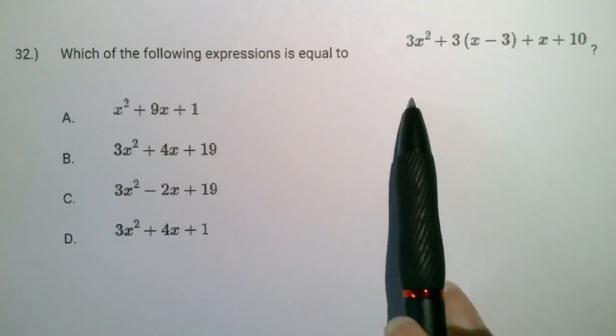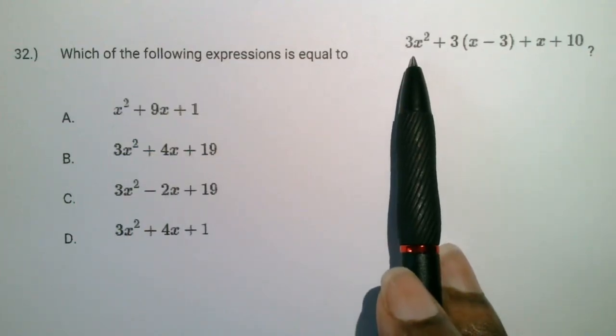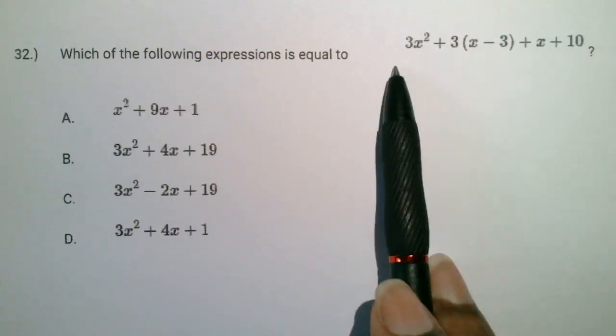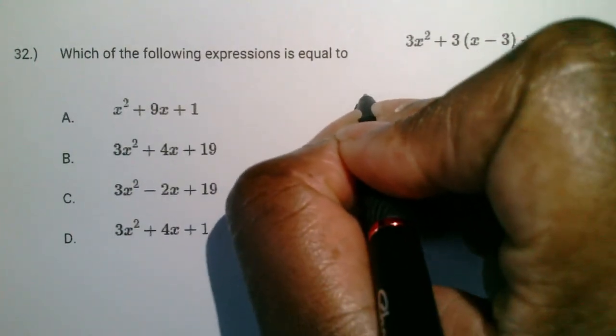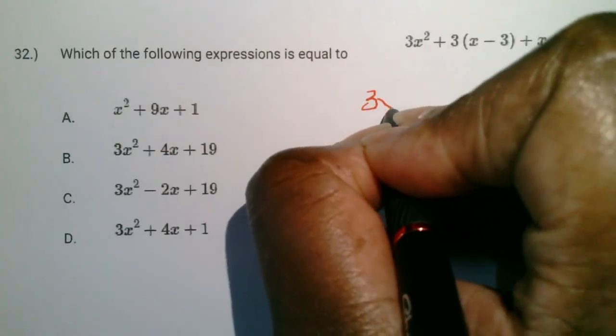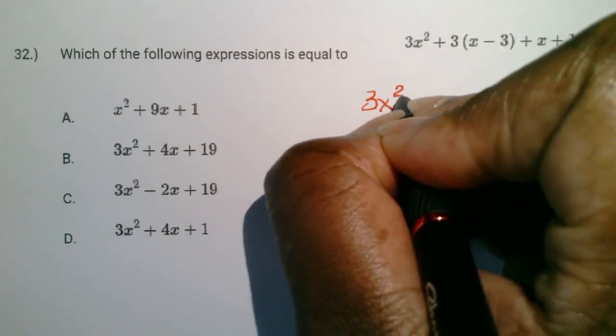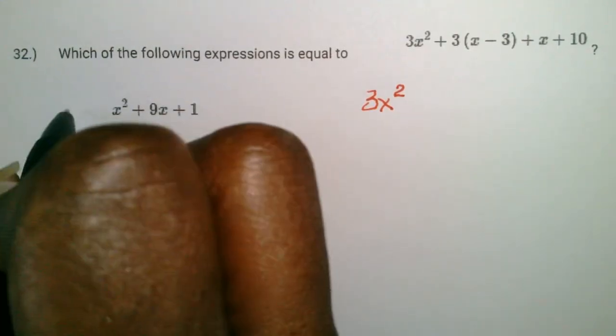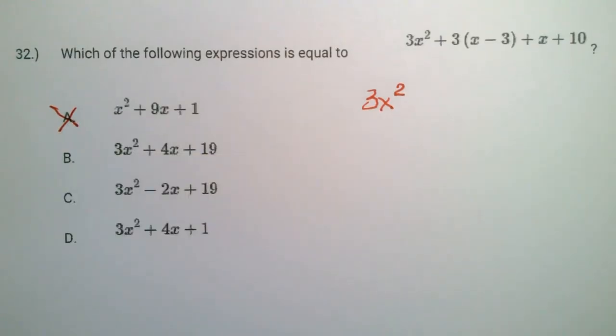There is only one x squared in the mix, so 3x squared is the only x squared being represented. Just by that information, I can get rid of option A.